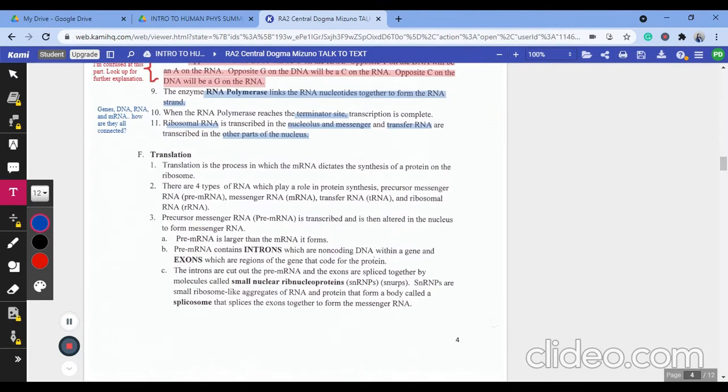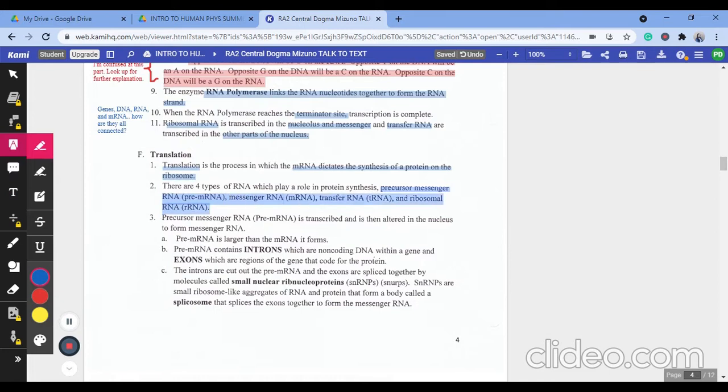Translation is the process in which the mRNA dictates the synthesis of a protein on the ribosome. And there are four types of RNA which play a role in protein synthesis: the precursor messenger, pre-mRNA, messenger RNA or mRNA, transfer RNA, and ribosomal RNA.